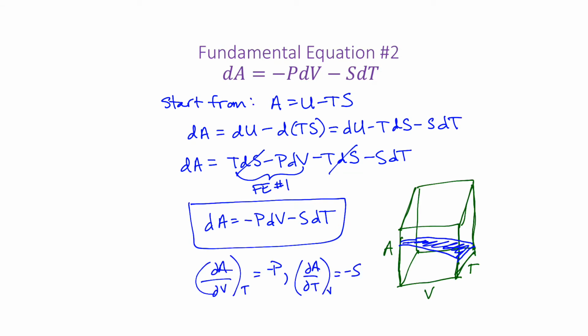Okay, so hopefully you gave that a try and ended up with these expressions for determining your slopes of A with respect to V at constant T and with respect to T at constant V. You see that they're both negative slopes, so your state space that you end up with here, so again we've got A as a function of V and T, those are both going to be negatively sloped spaces.